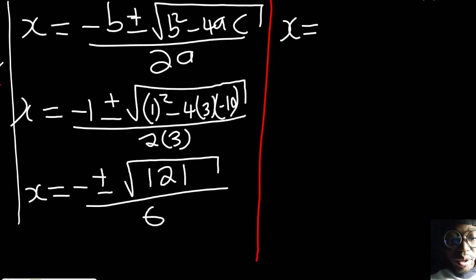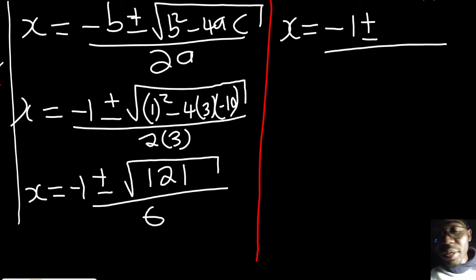x is equal to negative, sorry, I missed out a 1 there. Let me write it in a better way. That is negative 1 plus or minus the root of 121, and the root of 121 is 11.